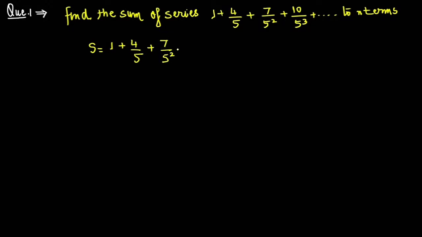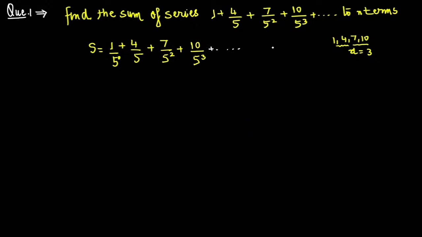The AGP, as we have learned, see here, 1, 4, 7, is it forming an AP? Yes. The common difference is d equal to 3. So I will write the nth term of this.